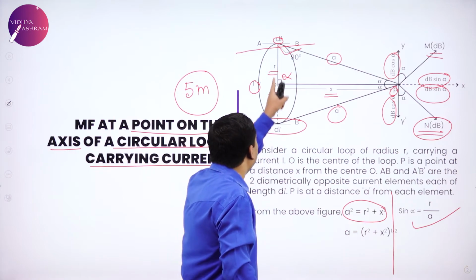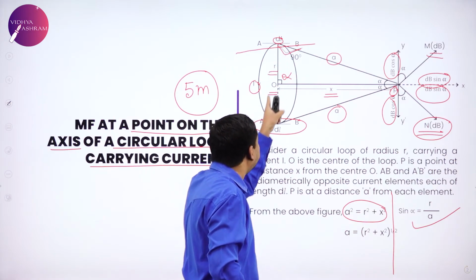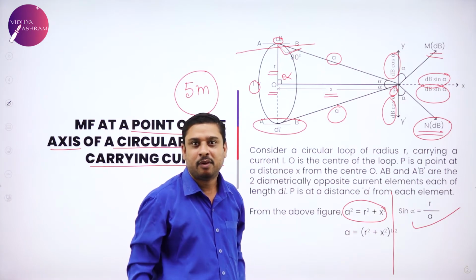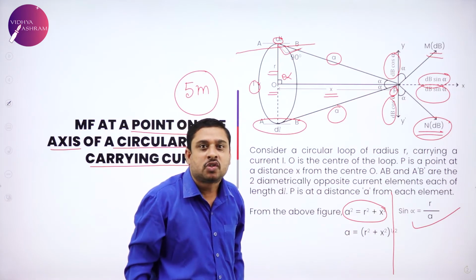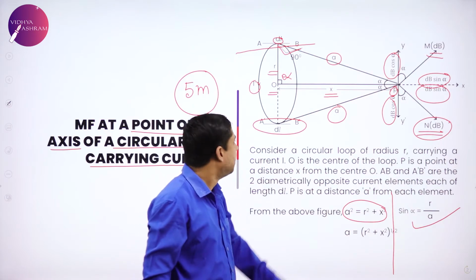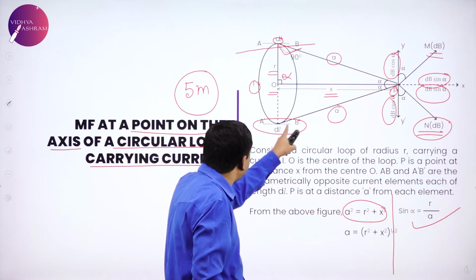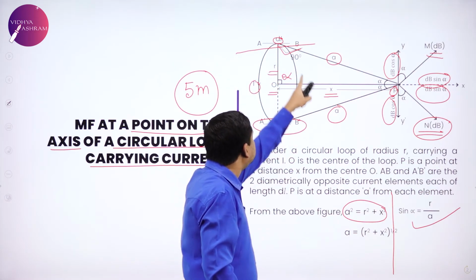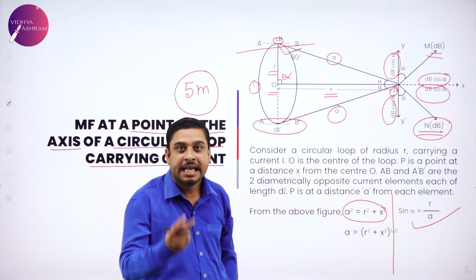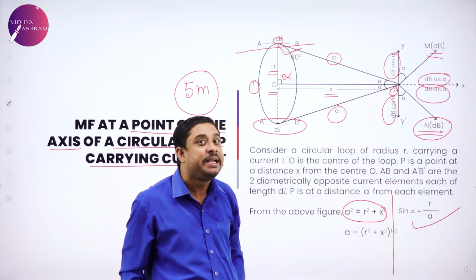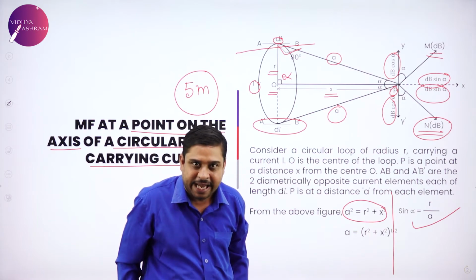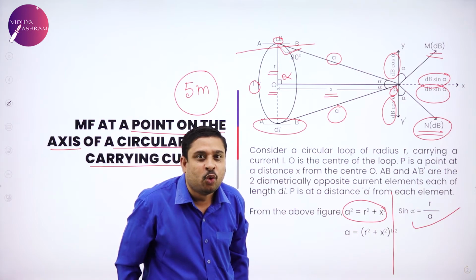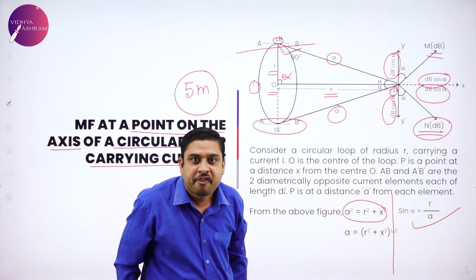considering two opposite current elements only. A pair, two opposite current elements. Now if the entire coil is made of such opposite current elements, considering two current elements, what net magnetic field do we get? 2 dB sin alpha.